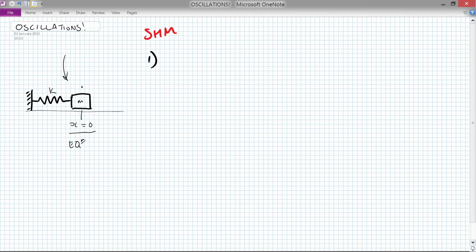When I set this off, this should undergo motion which is periodic, so the motion must be repeating or periodic. And that is to say that there are no special instances in time. It's a frictionless system, so I can look at it now and it will be doing this regular motion. If I came back in 20 minutes time, it would look identical.